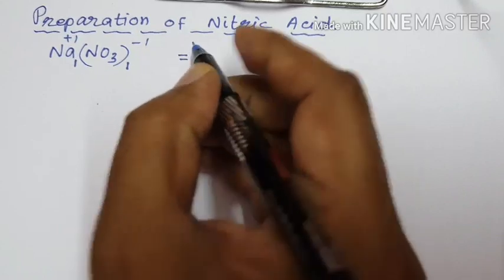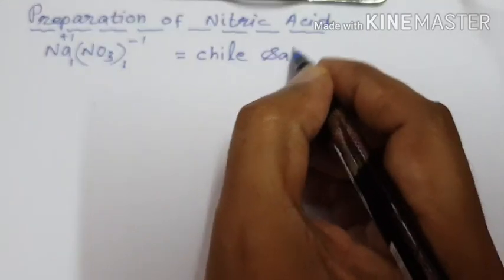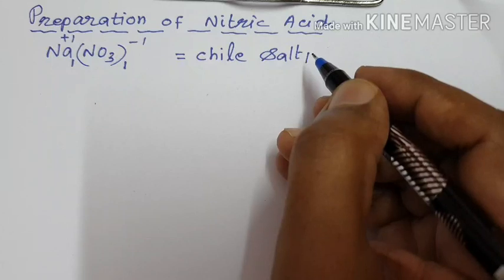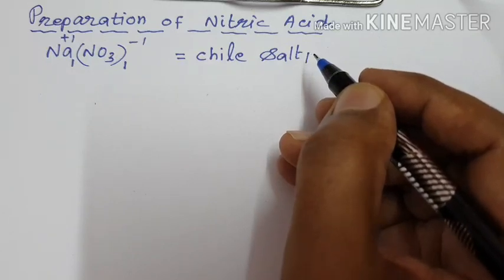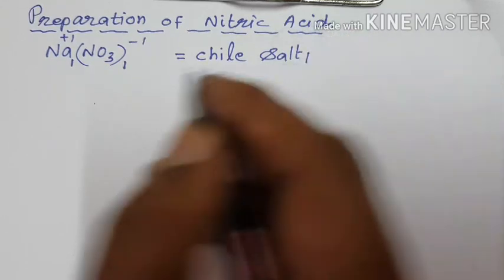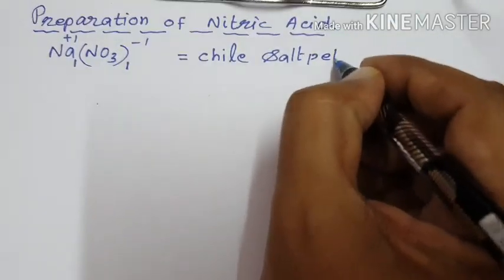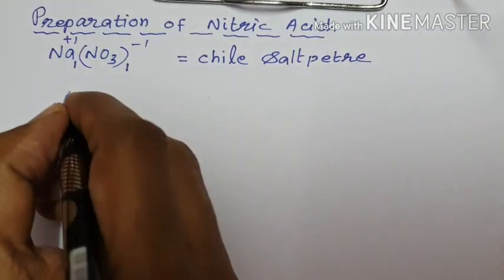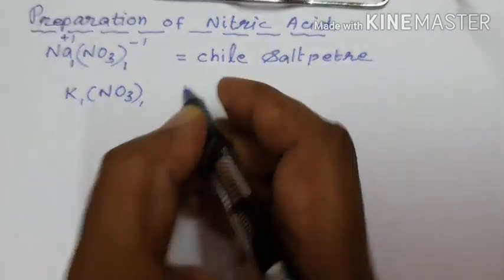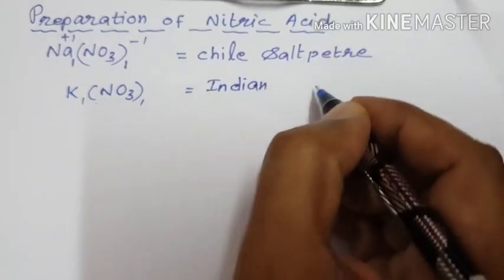Sodium nitrate, NaNO3, is called Chile saltpeter, and potassium nitrate, KNO3, is called Indian saltpeter. Potassium is also an alkali metal, both the valencies are 1.